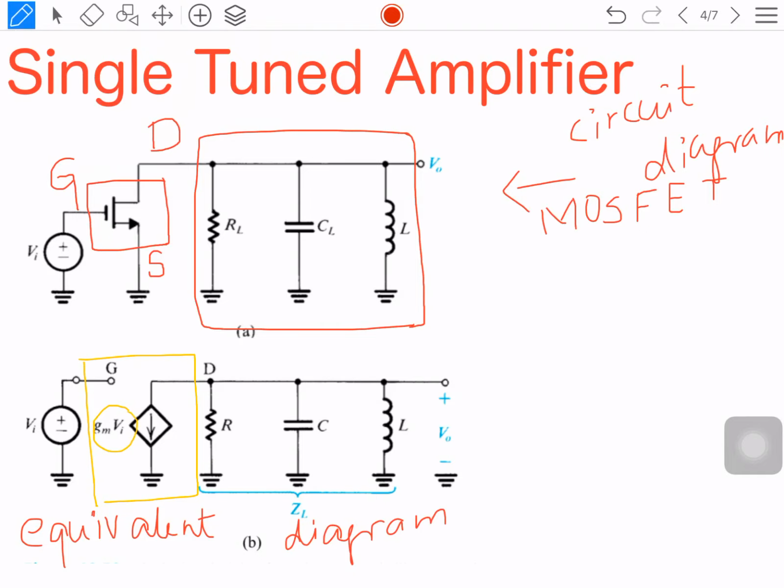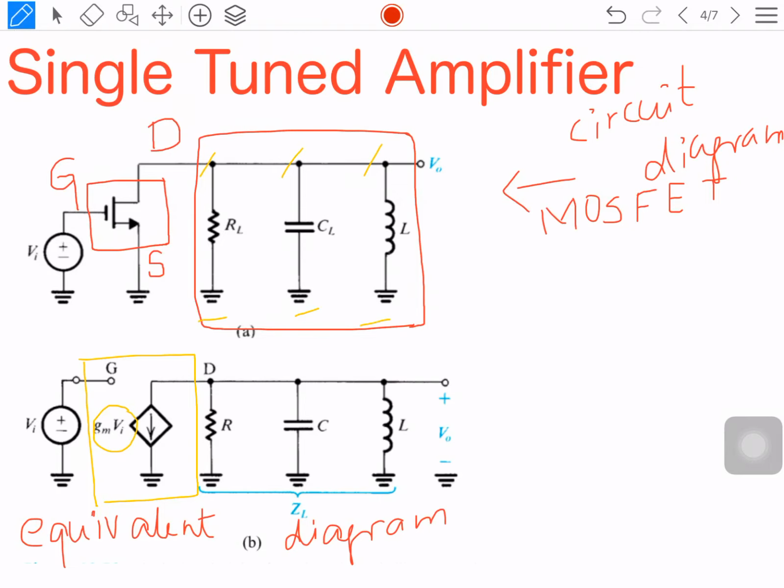That current source has a value of gm Vi. gm is the transconductance, and Vi is the input voltage given at the input terminal. Next, the tank circuit should also be represented in the equivalent diagram. Each element of this tank circuit is present between the output terminal and the ground.